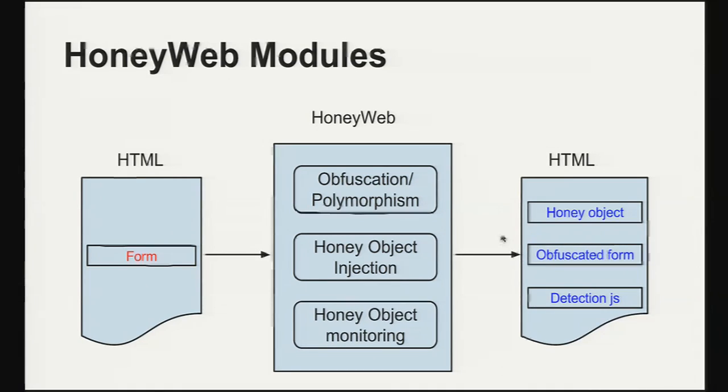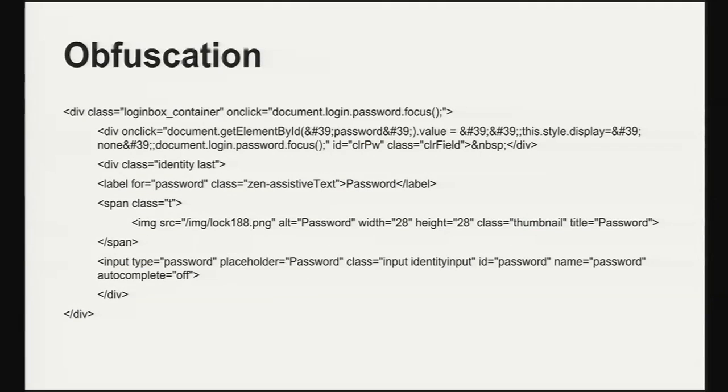And also, we will have the honey object injection module to add the honey object to invite them to inject things. And the last one is we inject the detection JavaScript, which detects the change of the honey object. So let me go through them one by one.